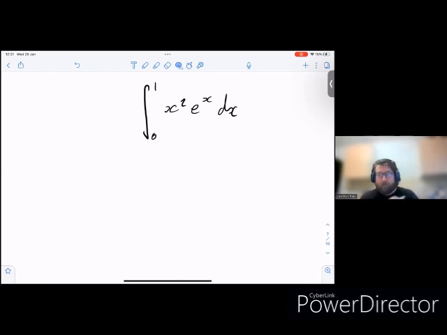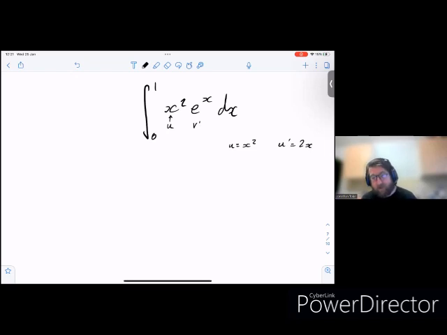This one involves, you have to do integration by parts twice. So if you want to have a go, pause the video. So we will assign u to the polynomial term and v dash to the other term, as usual. So if u is x squared, u dash is 2x.